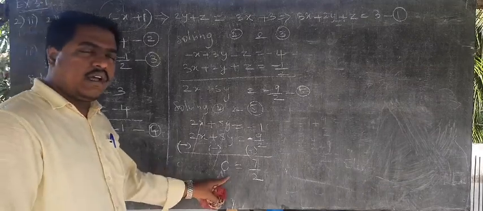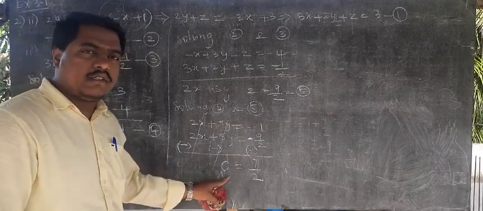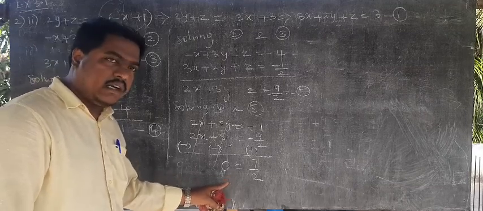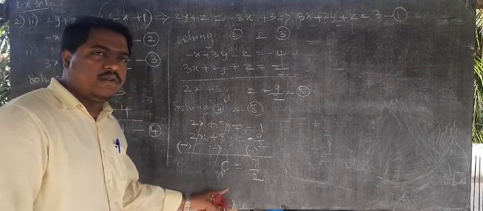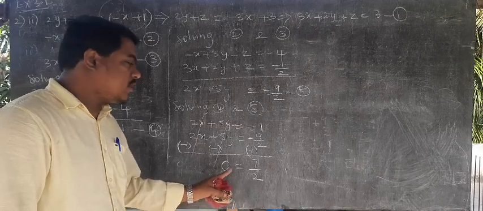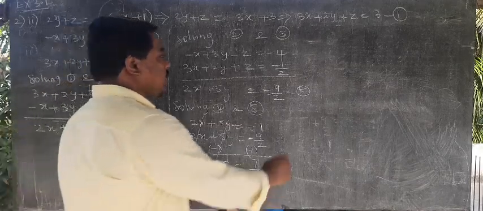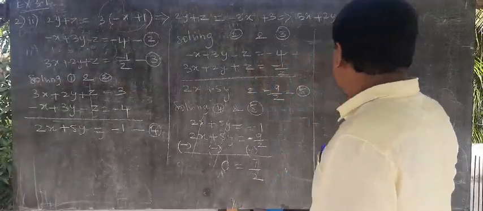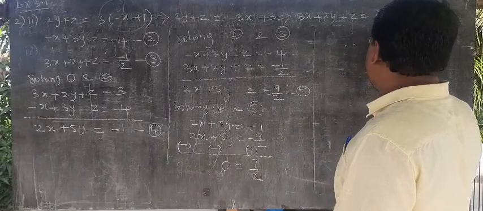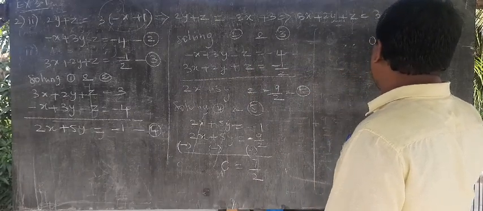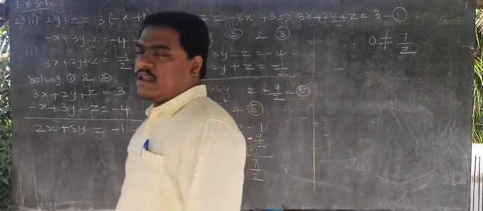Clear? So 0 equal to 7 by 2 is not correct. We get 0 equal to 7 by 2, which definitely is not true. So therefore 0 is not equal to 7 by 2. Clear?